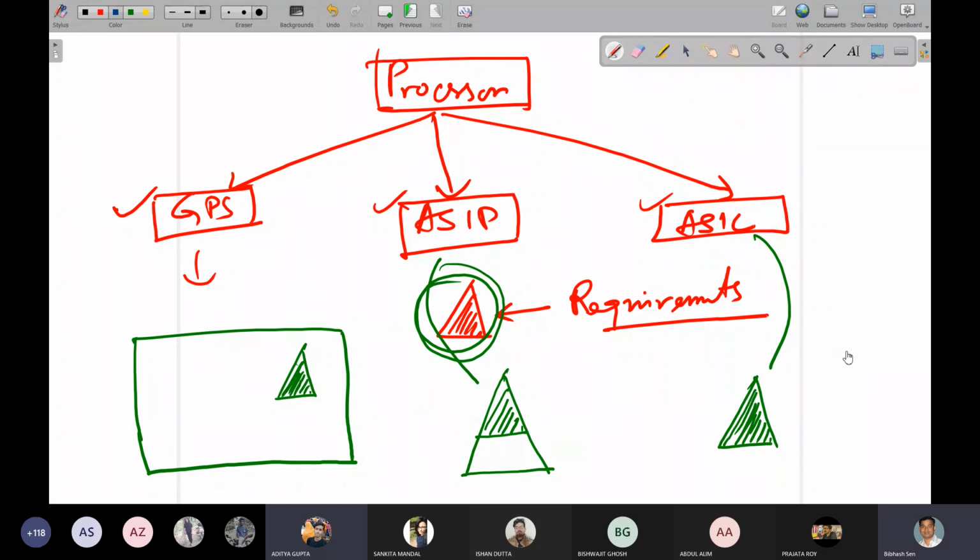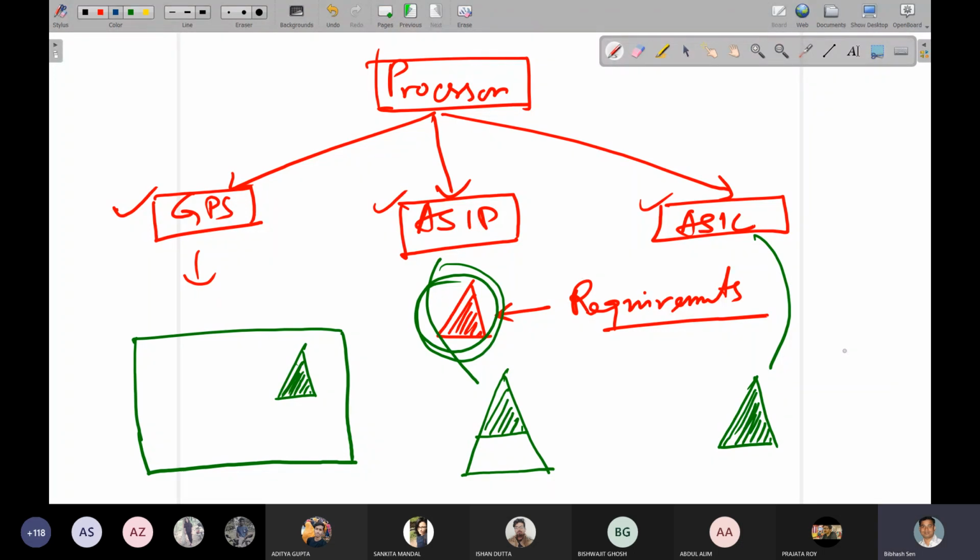Okay, mute yourself. Devolina, answer. The triangle is the requirement, and I have given three figures, each characterizing the GPP, ASIP and ASIC. So my question is what you can infer from this type of figure?